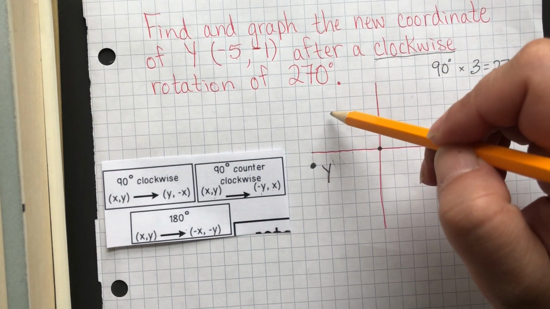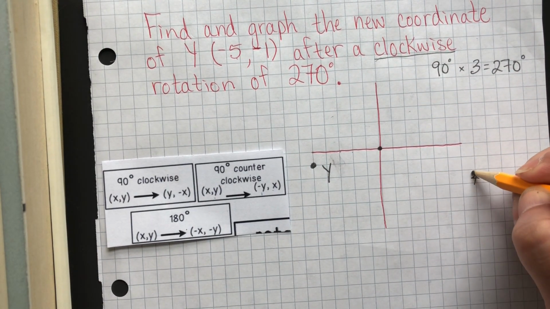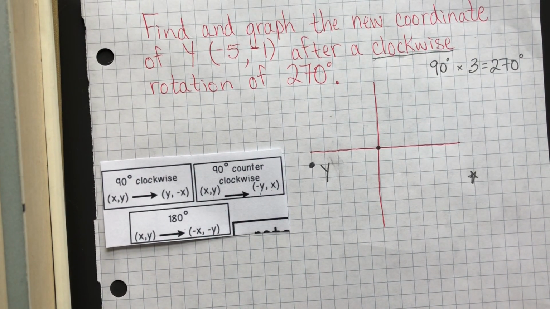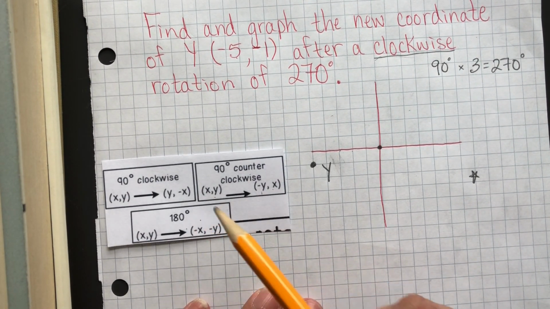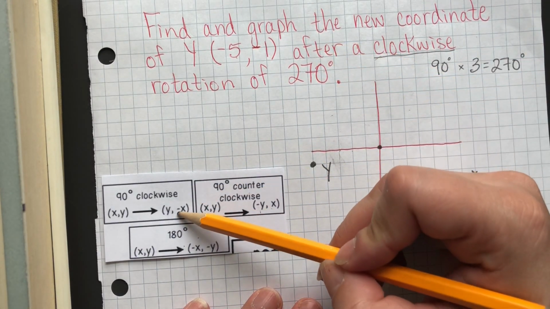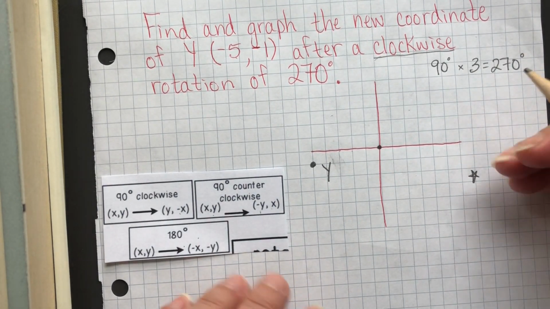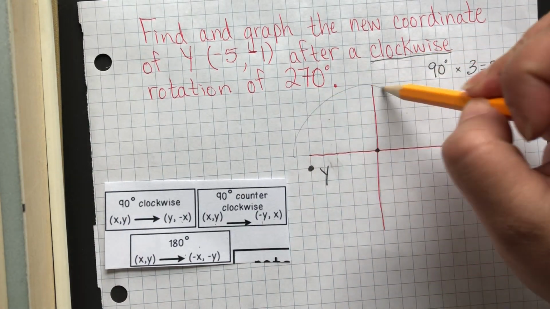So let's count 1 90, 2 90, 3 90. So I know I should end up in this quadrant here, okay? So first thing we're going to do is use our rule to rotate 180. Actually, let's do 90. I just know I'm supposed to end up right here. We're going to go clockwise. So we're going to do this.